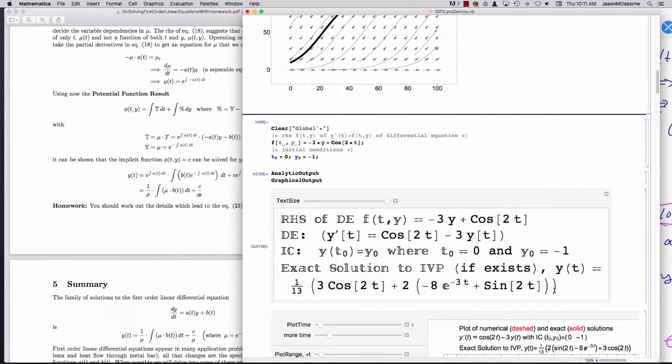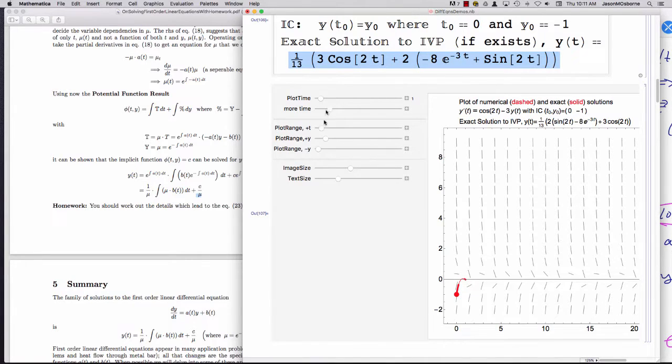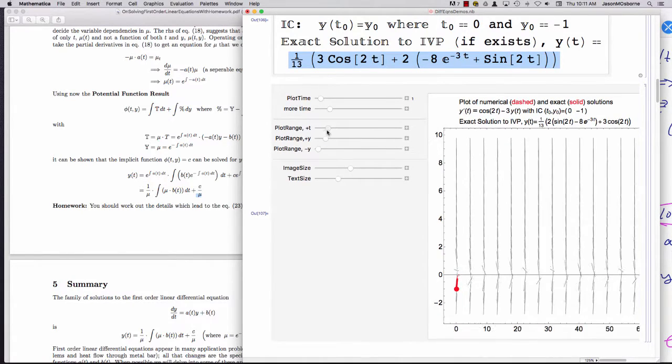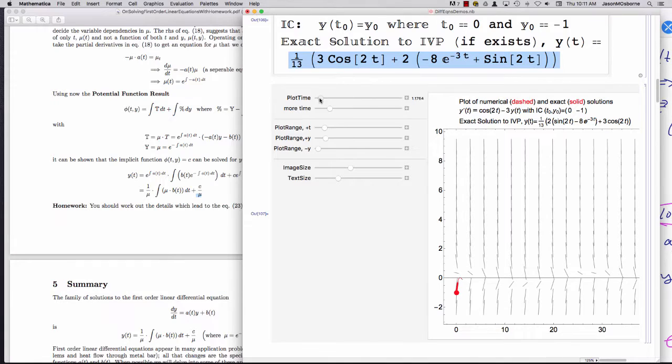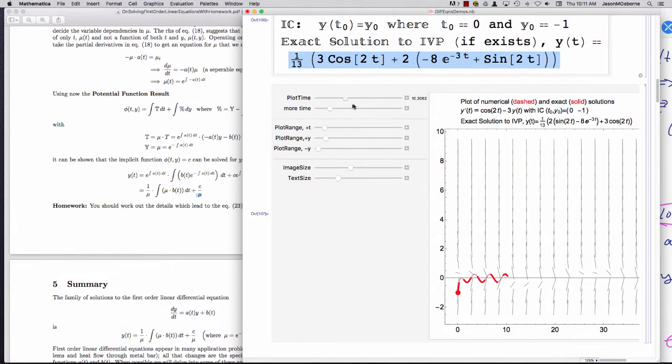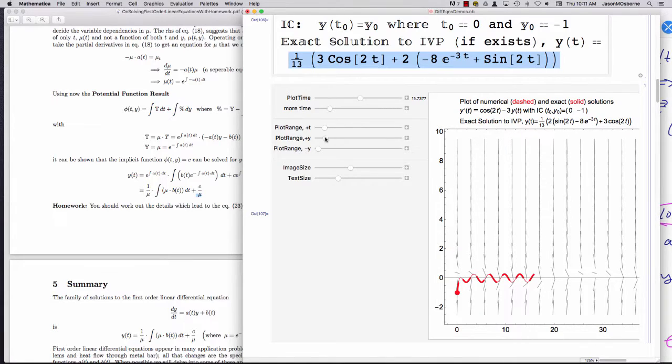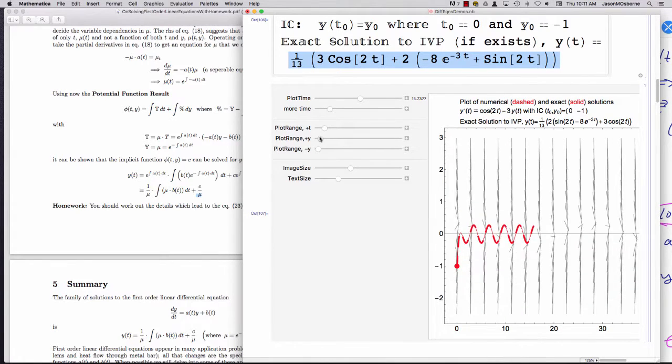I can't remember which initial condition we used on the previous problem, but here we go. Either way, you can check your solution against this. And also you can see the plot, what does our solution look like? Right. And there is our solution.